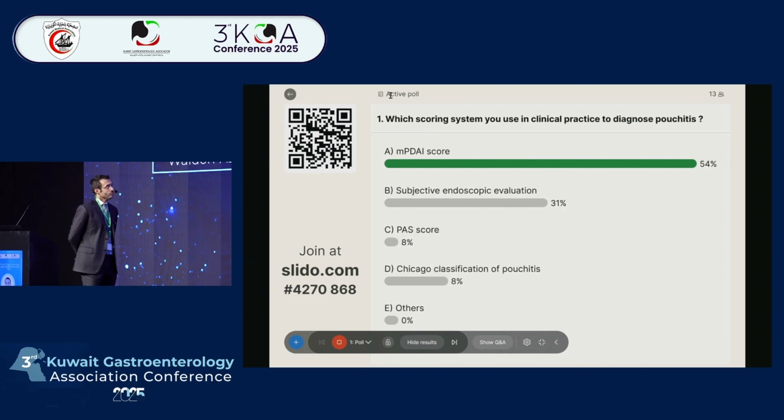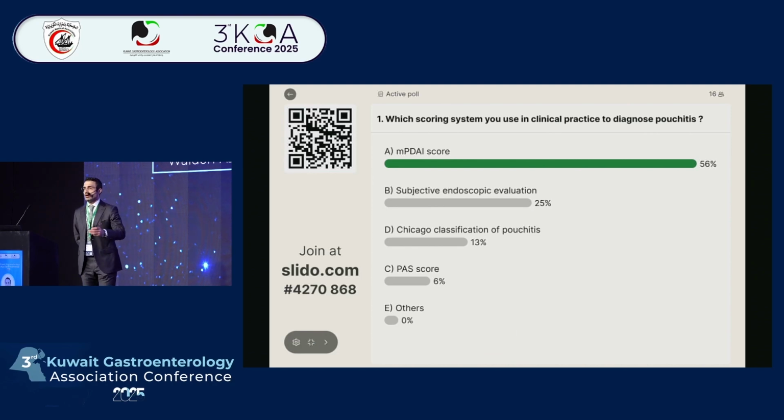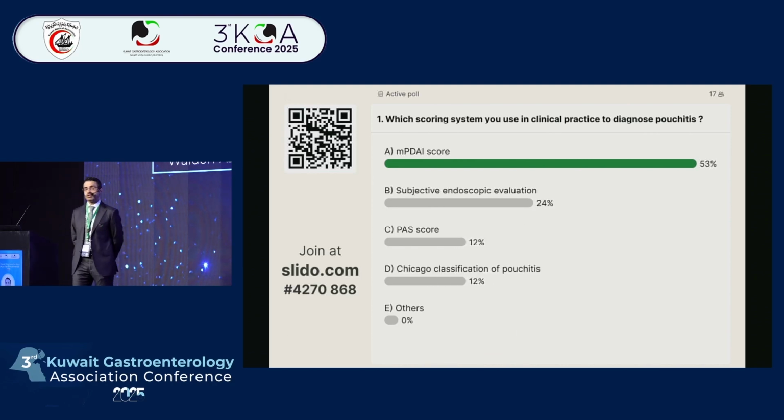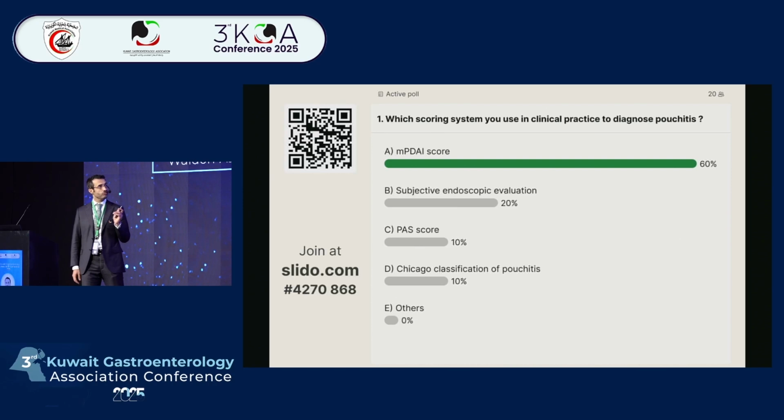So the majority use the modified PDAI score. The PDAI includes clinical and endoscopic features, and the modified one adds histology. The modified PDAI has acute histology, whereas the PASS score has chronic histology.